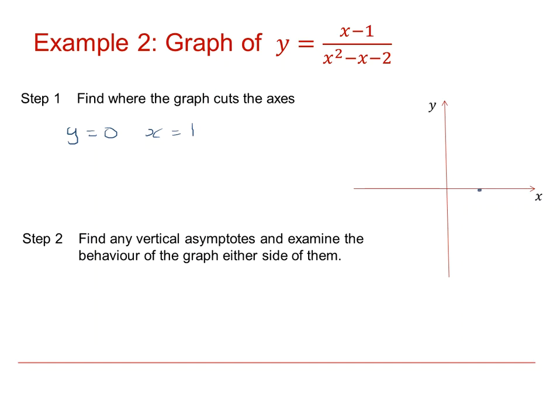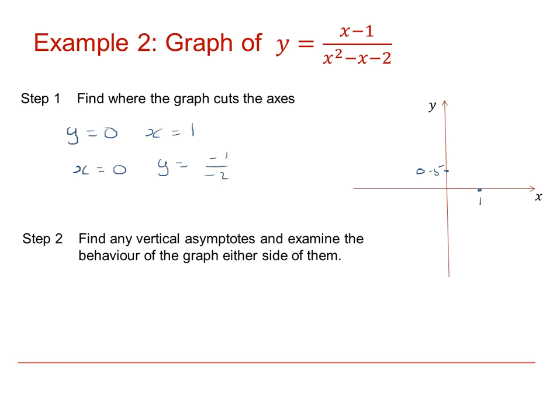If we put x equal to 1 into the bottom line, we get 1 minus 1 minus 2, which is definitely not 0. If x is equal to 0, then y is equal to -1 over -2, which is 1/2, so it cuts the y-axis at a half. So we have 1 on the x-axis, 0.5 on the y-axis.